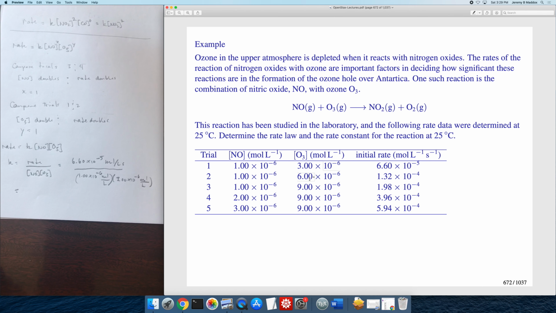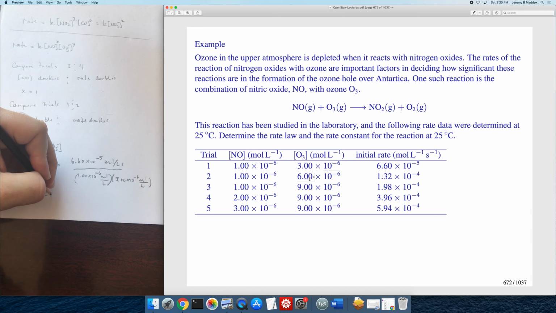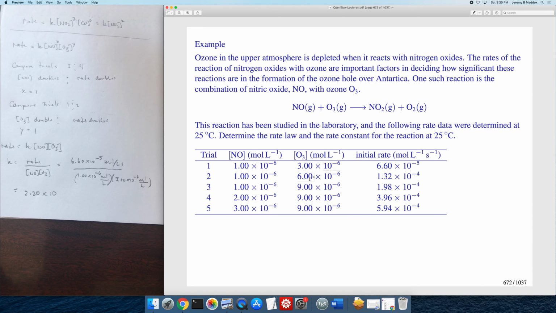And we can run these numbers through our calculator. And we're getting a big rate constant. That's okay. Sometimes they're big, sometimes they're small. It's 2.2 times 10 to the 7.